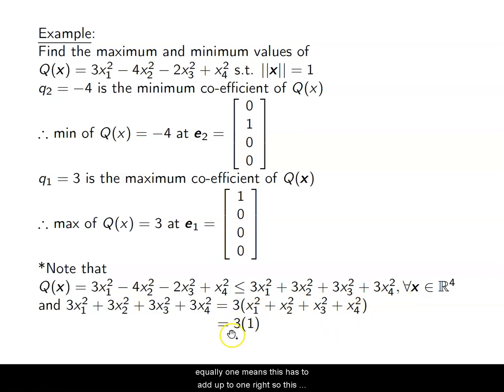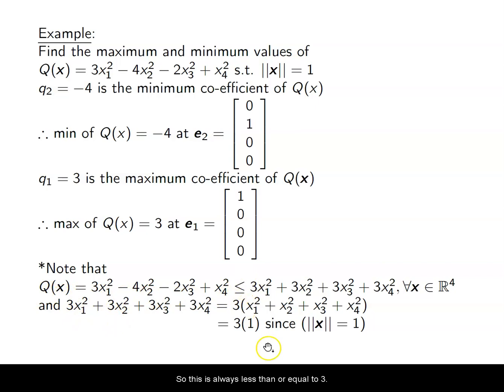So this is 3 times 1, which is my maximum. So this is always less than or equal to 3, and it's only going to equal 3 when x has a length of 1. Okay, so that's just a quick verification here.